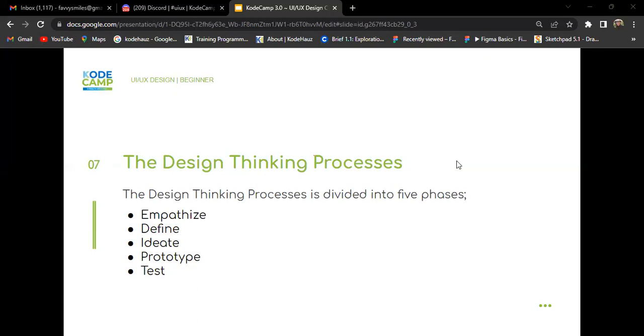We're going to go back to the first stage of better understanding our users. We can still go back to the ideation stage. We can still go back to the prototype stage. So you're not going in a straight line from empathize to test, and that's where it ends. You can still go over these stages in order to make sure that our users have what they actually want.